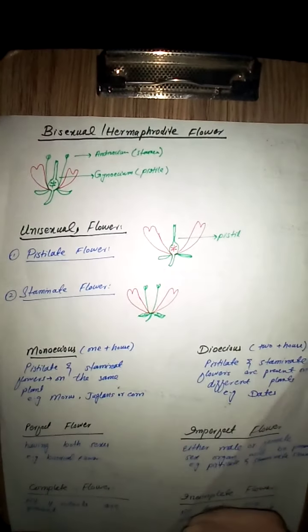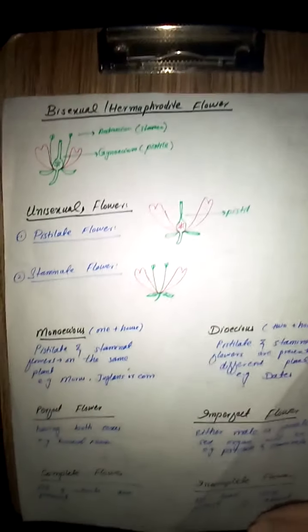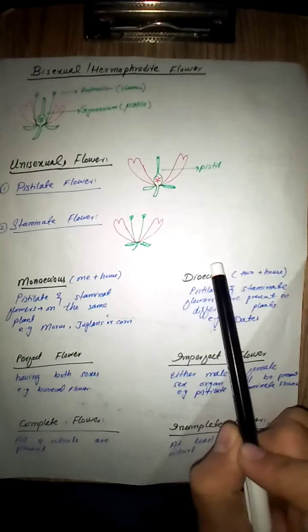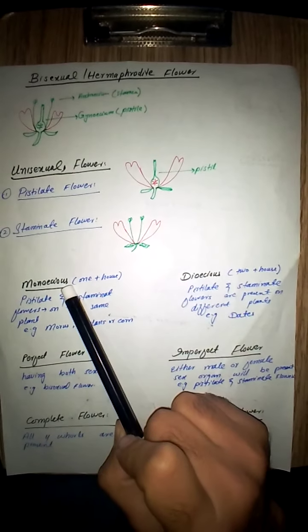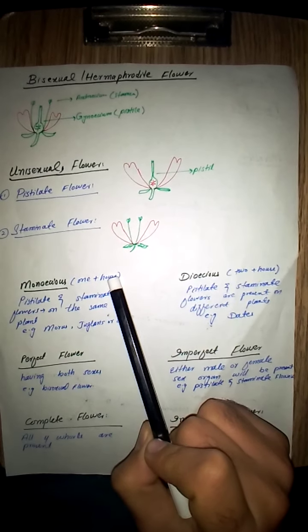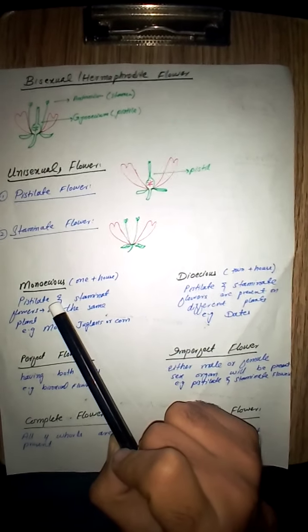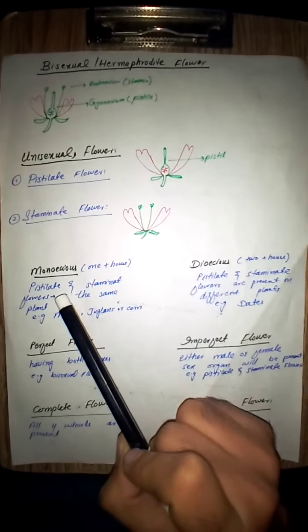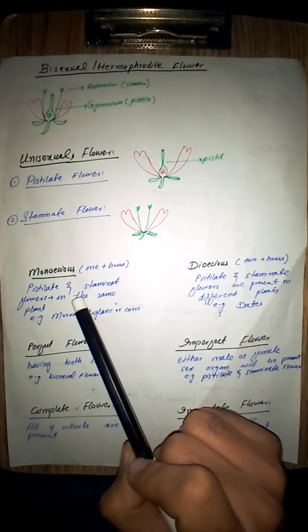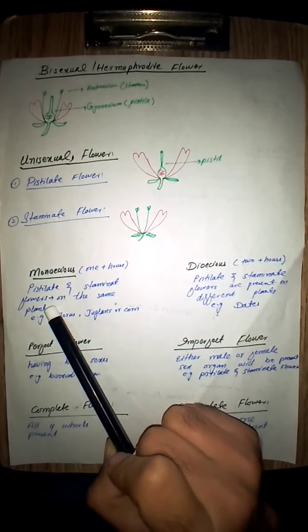Now, on the basis of unisexual flowers, there are two types of plants: monoecious and dioecious. Now, what is monoecious? Mono means one, plus oecious means house. So, in such plants, pistillate and staminate flowers are present on the same plant.